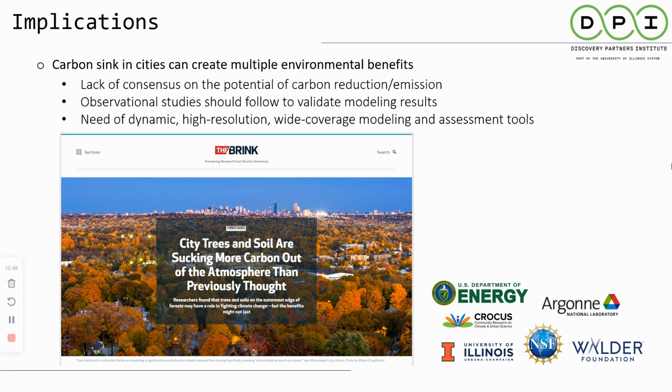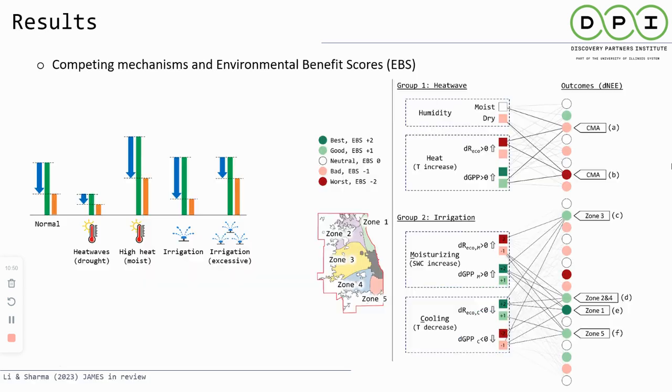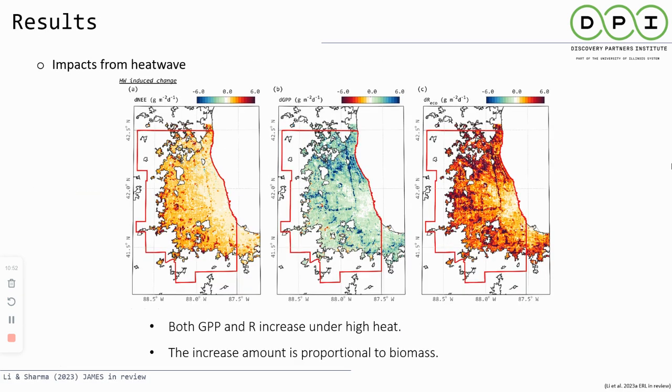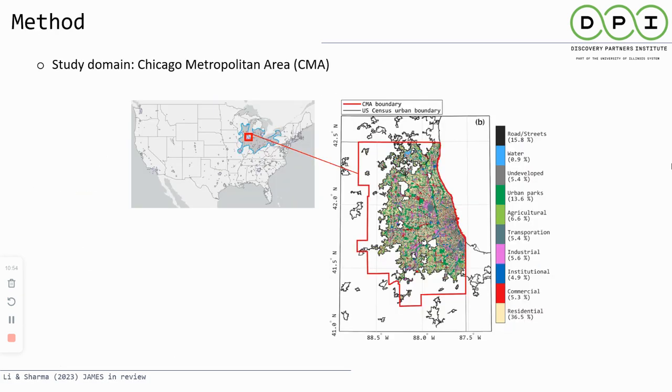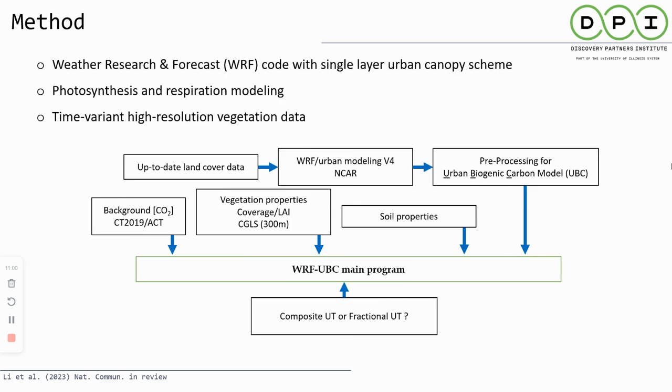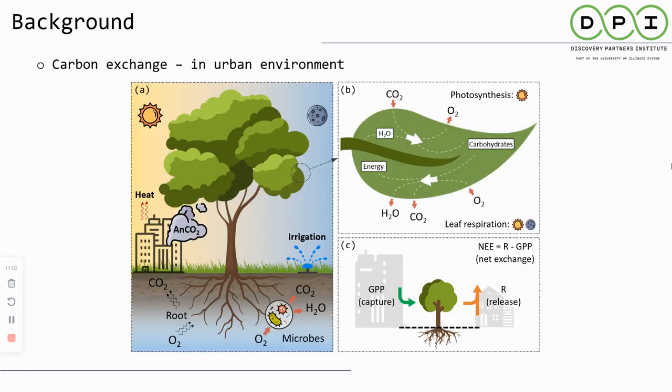Yes, thank you for the question. Actually, the model takes the soil respiration and the above ground biomass respiration as a whole to create the ecosystem respiration. Meaning we consider all of the respiration, the leaf respiration plus the soil respiration.